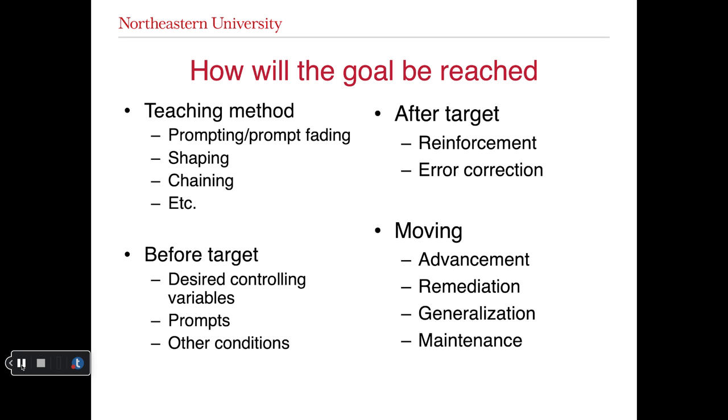So considering what needs to happen in order to advance or master a certain skill. This is the to what extent piece of the goal. However, if you are going to move through different levels of a teaching procedure, advancement through each needs to be described.